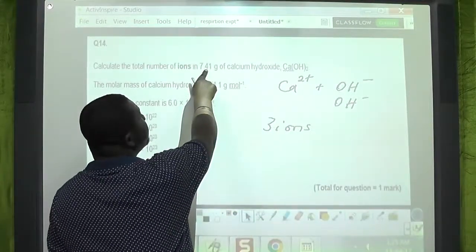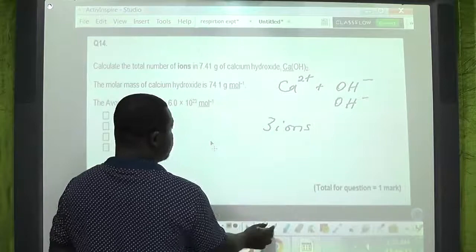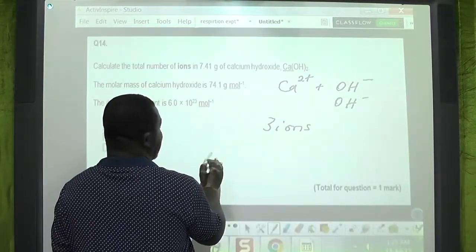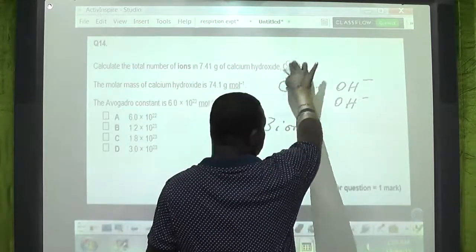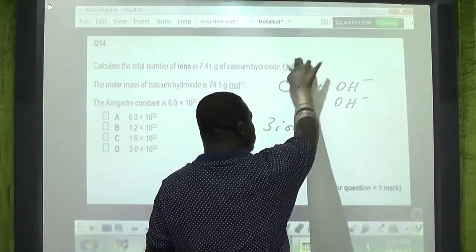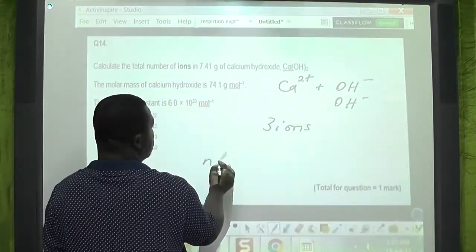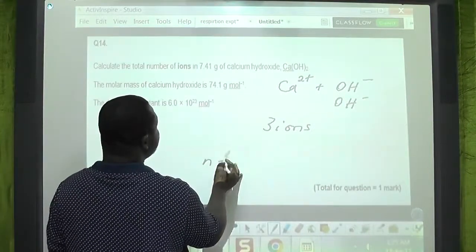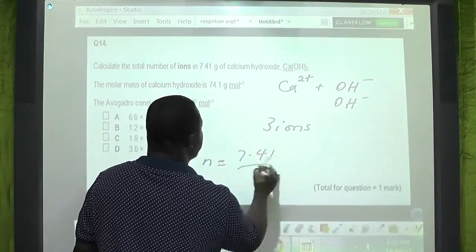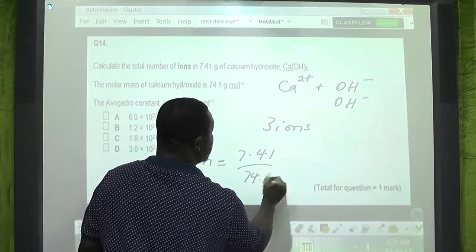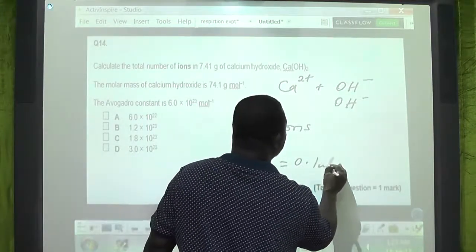In 7.41 grams, let's look for the number of moles. It's equal to the mass divided by MR, which is 7.41 divided by 74.1, which is 0.1 mole.